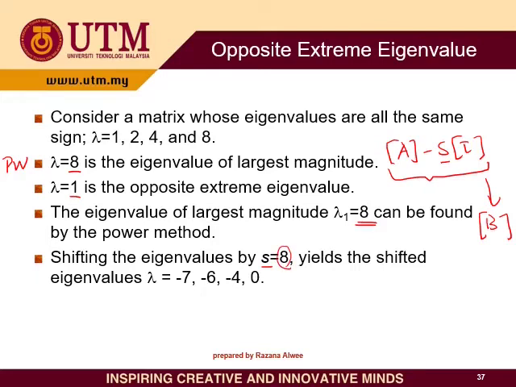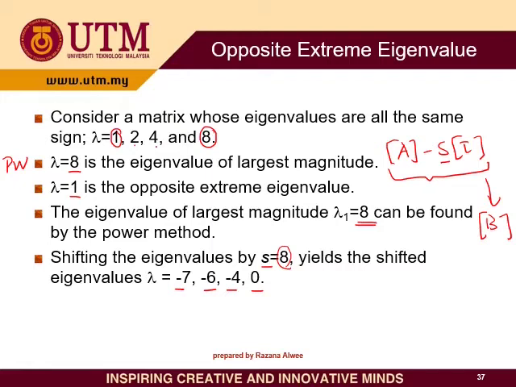Okay. So when we shift the eigenvalues, we minus 8 for 1 minus 8, 2 minus 8, 4 minus 8, and 8 minus 8. When we minus 8, you will get 1 minus 8 is negative 7, 2 minus 8 is negative 6, 4 minus 8 is negative 4, 8 minus 8 is 0.